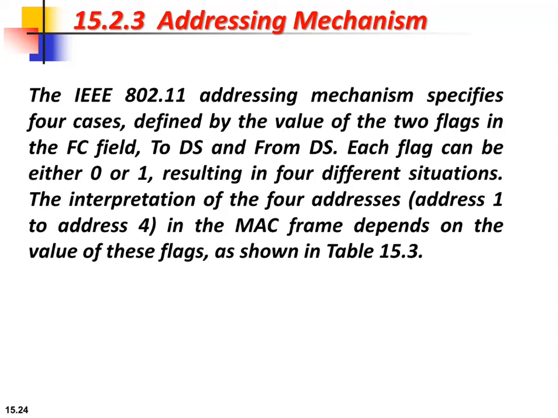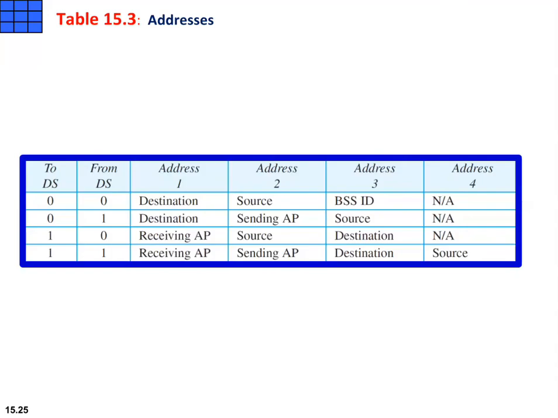So this is the table which should be remembered. When the value of To DS and From DS is 00, address 1 will have the destination address, address 2 will be the source address, address 3 will be the BSS ID, and address 4 will not be applicable.